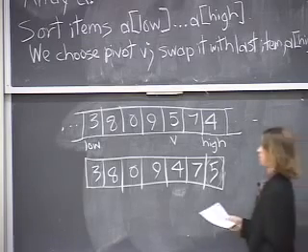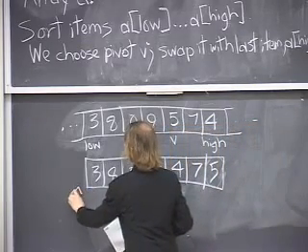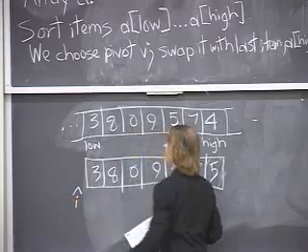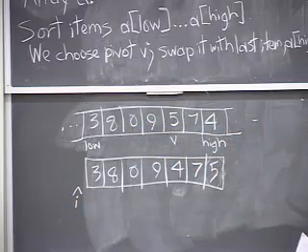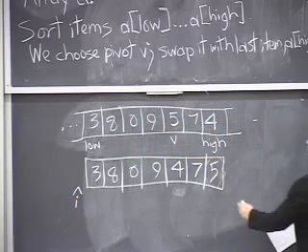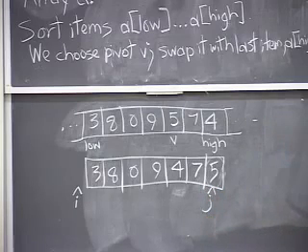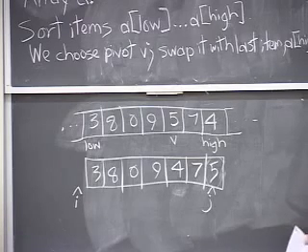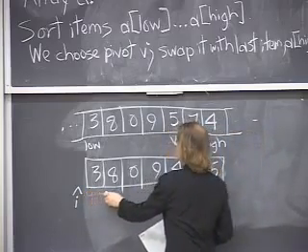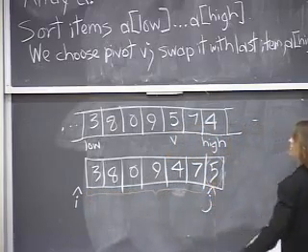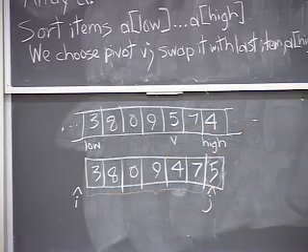What I'm going to do is create a pointer i, whose index is initially one less than the first index we want to sort, and a pointer j, whose index is initially one higher than the stuff we want to sort. So the idea is that at any time, the stuff that remains to be sorted is sandwiched between i and j, not counting i and j themselves.